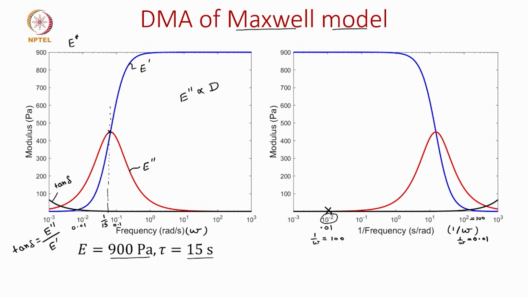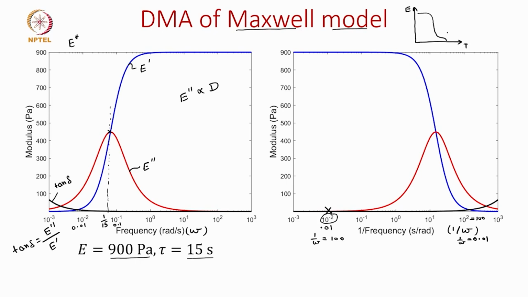The reason why we plot it in this fashion is, if you recall, previously we were talking about how the modulus changes with temperature. That is where we defined these 5 regimes: the glass regime, the viscoelastic regime, the rubbery regime, as well as the viscous and the degradation regimes. So, we are used to seeing the modulus in this fashion.